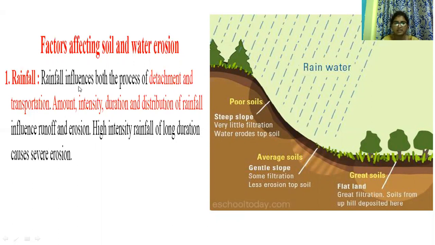Rainfall influences both the processes of detachment and transport. The amount, intensity, duration and distribution of rainfall influence runoff and erosion.